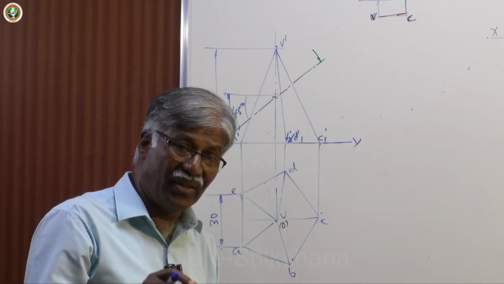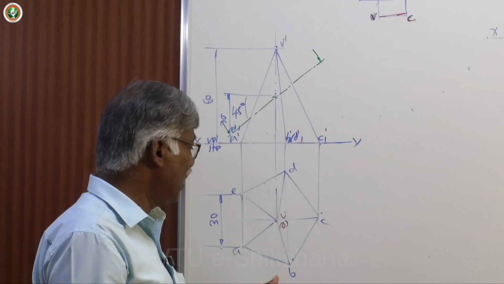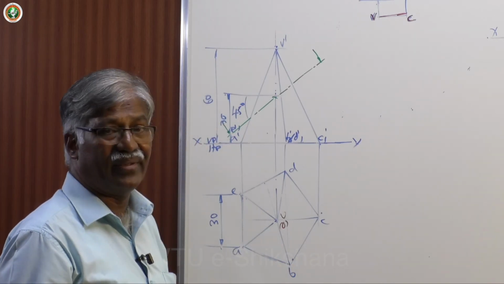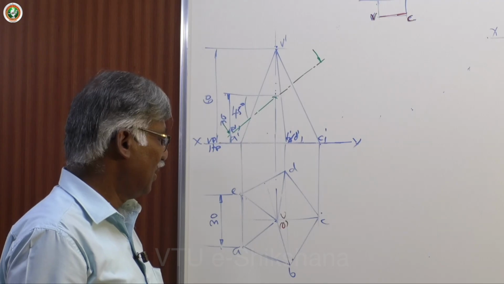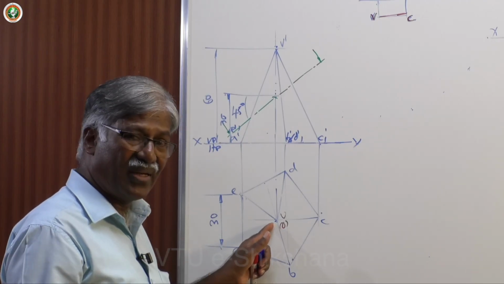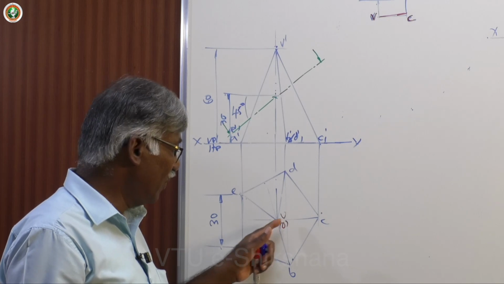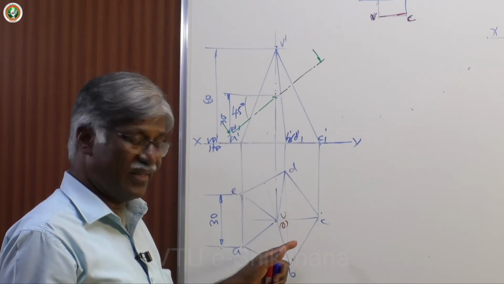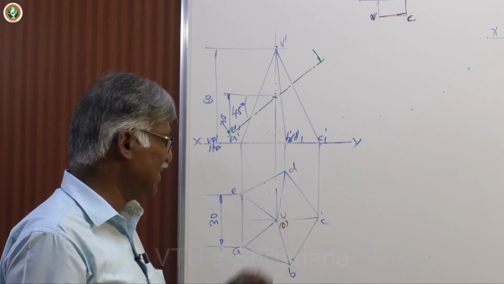Whenever we want true length only then we take it, otherwise also in light lines you have to join all these points and keep it ready. Unlike prisms, you only have to identify the axis point, that is the midpoint of the axis. Here you have to address the slant edges VA, VB, VC etc.